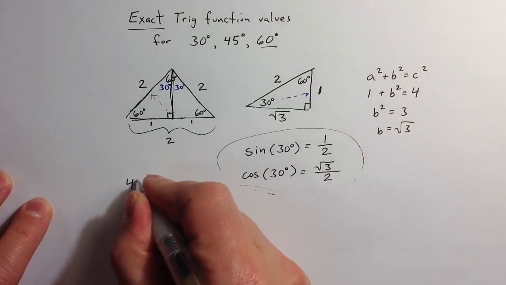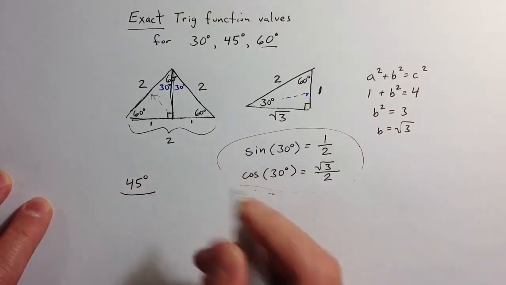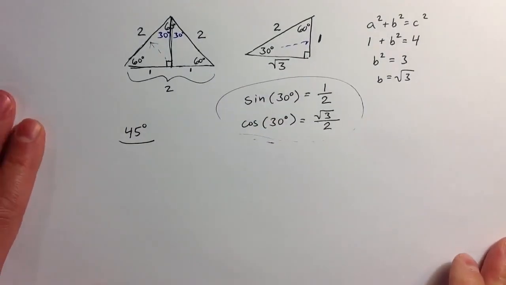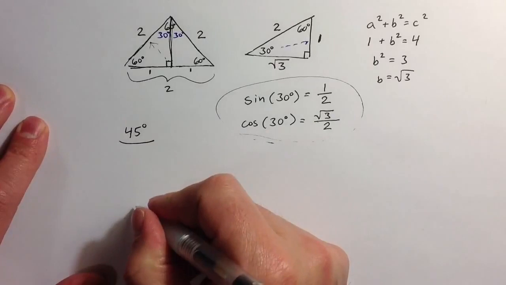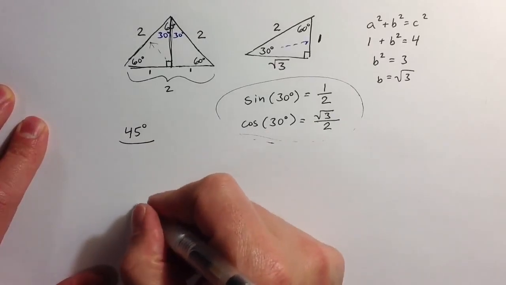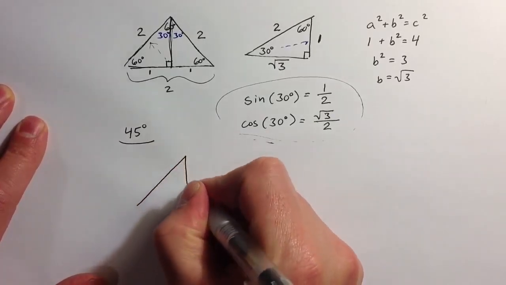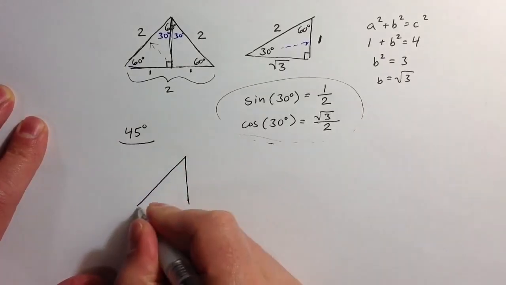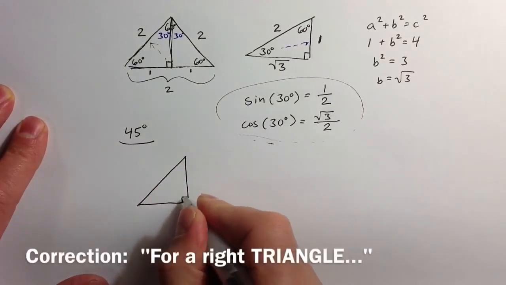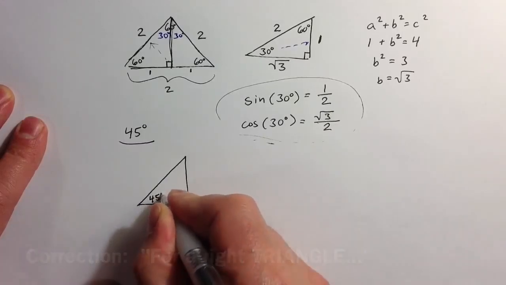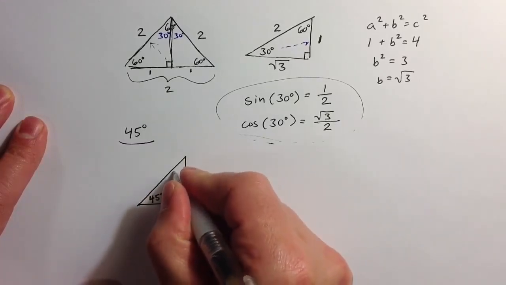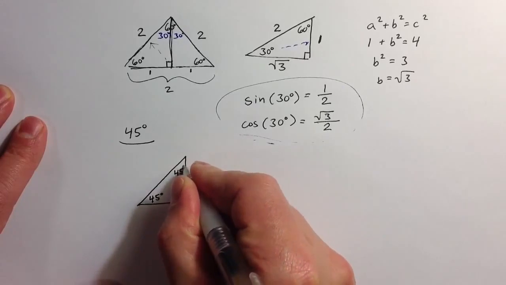For 45 degrees, to evaluate expressions involving 45 degrees, we can use the fact that a right triangle with 45 degrees in one corner has to have 45 degrees in the other corner.